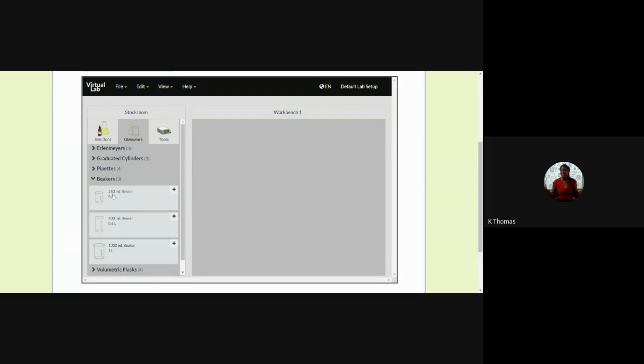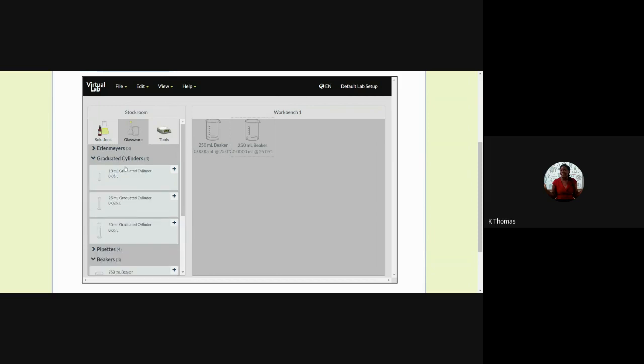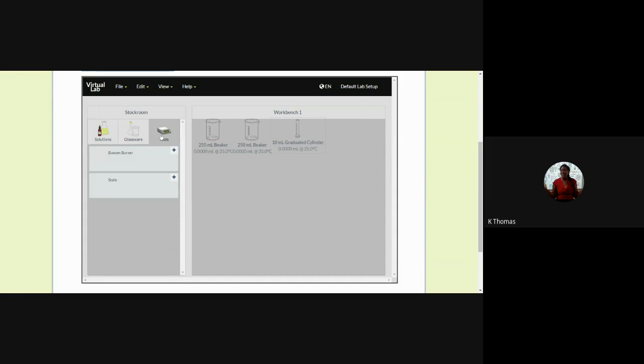I'm going to be using at least two beakers, which I put out, a graduated cylinder too, and a scale. Oops, you can only use a certain amount of things at a time. If you put too much, you just right click and take it off.